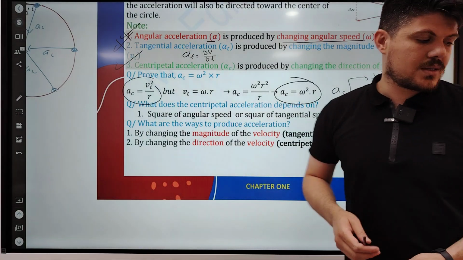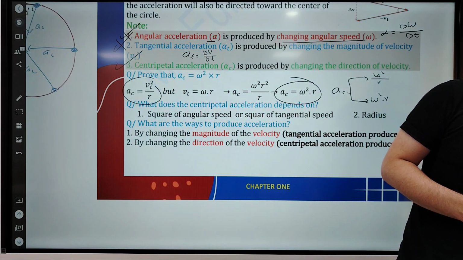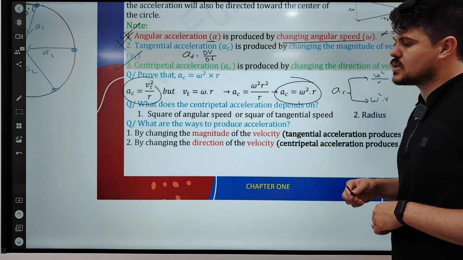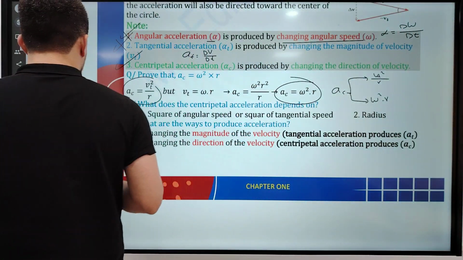But for a point on a rotating body, the relation between centripetal acceleration and its radius is directly proportional.